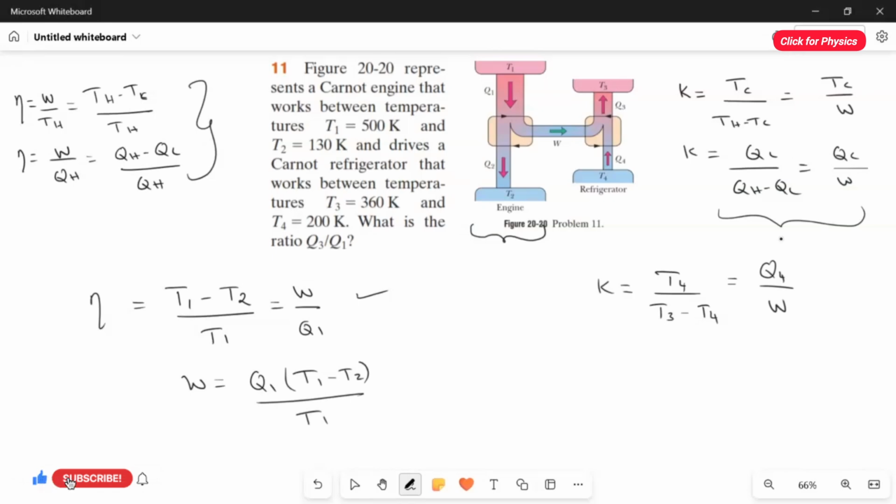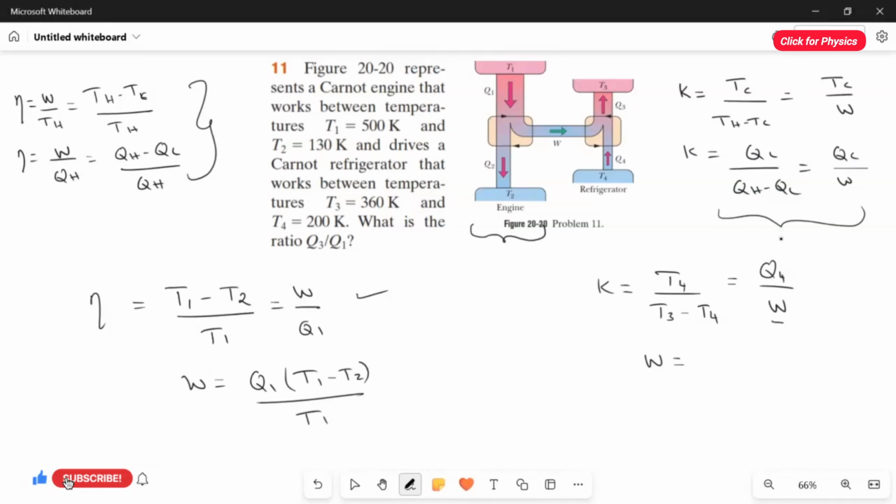Clear? So what exactly did they give in this question? The Carnot engine drives the Carnot refrigerator. That means we have to incorporate the efficiency of the Carnot engine with the coefficient of performance of the refrigerator. So now I have to write what this W is. This W is related to T3 minus T4, right?